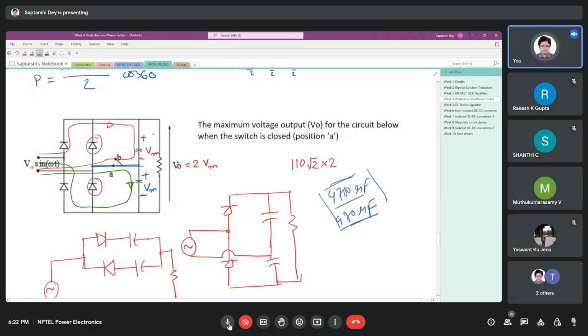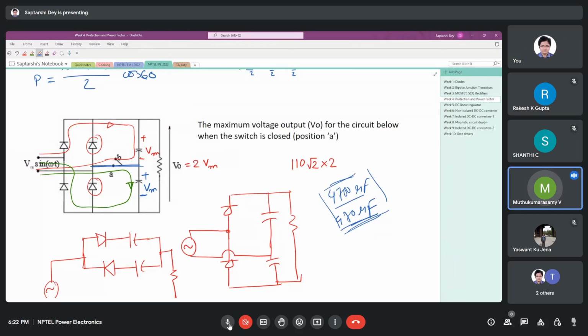If you have one capacitor at the output of the rectifier, which is the case most of the time, you will need a capacitor which can block at least 400, 450 volts. So you will not get that, and those capacitors are also meant for high frequency applications, so they are not used. Electrolytics are used here.